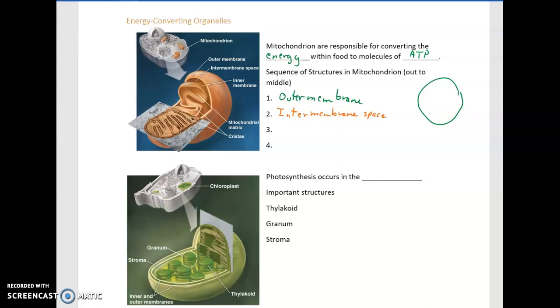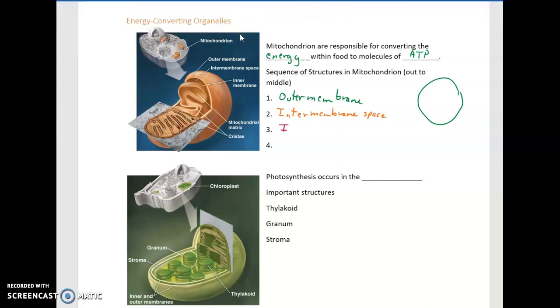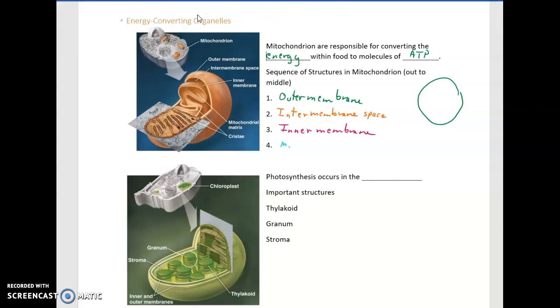Then we're going to have another membrane, which is the inner membrane. And finally, we've got the mitochondrial matrix.